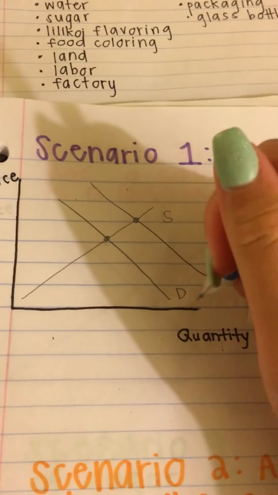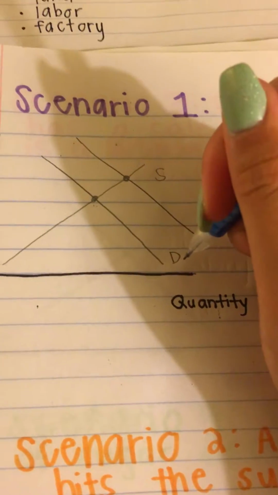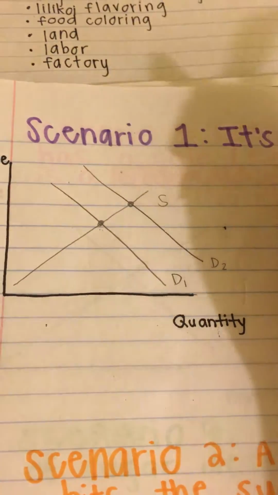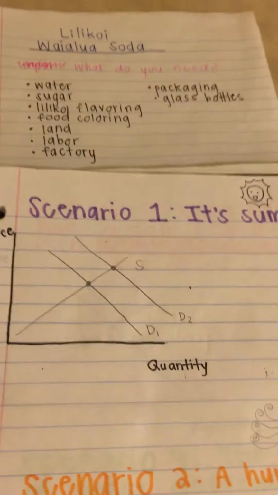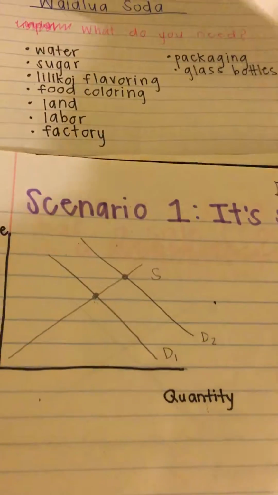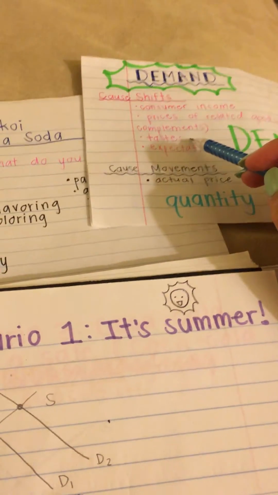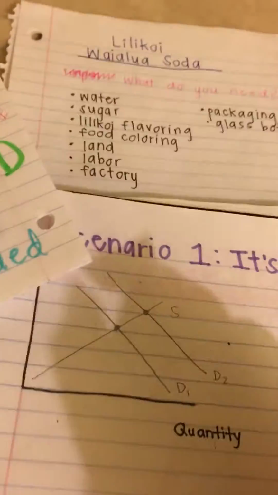Anyways, this is our first demand curve, so I like to write it as D sub 1 and D sub 2 just to differentiate. And because summertime falls under an expectation, I guess, or a taste as well. I don't know. A change in climate could affect people's tastes and expectations.